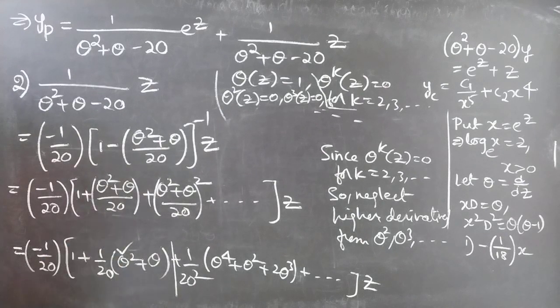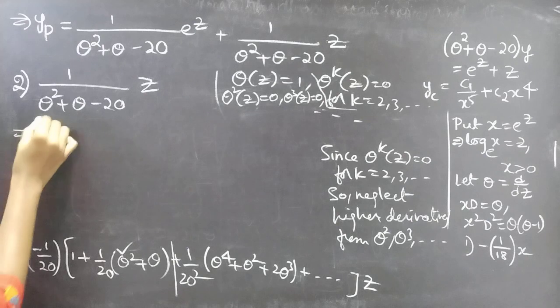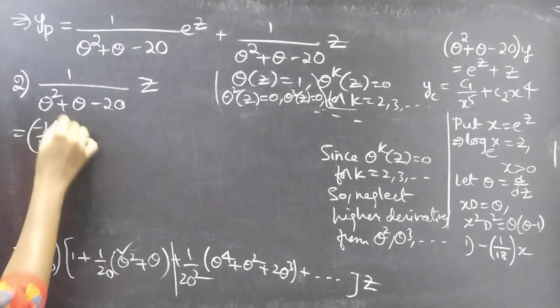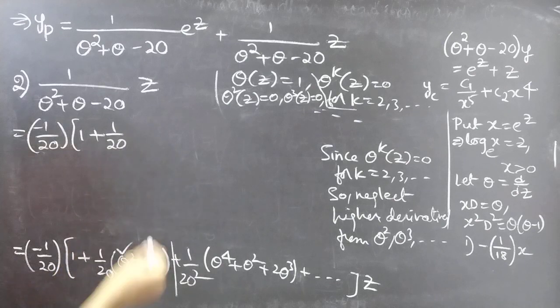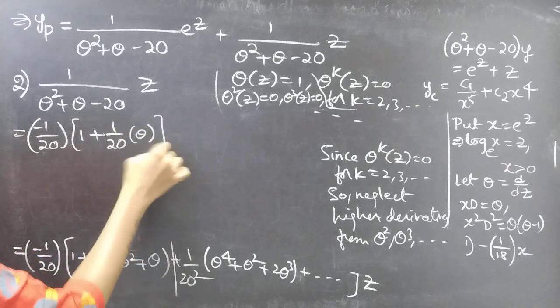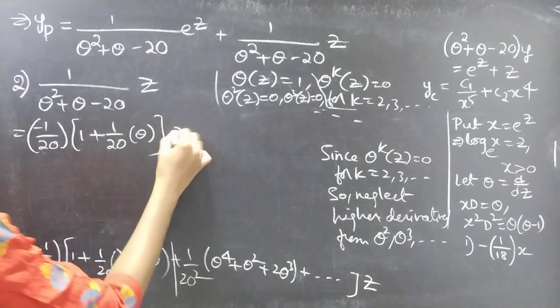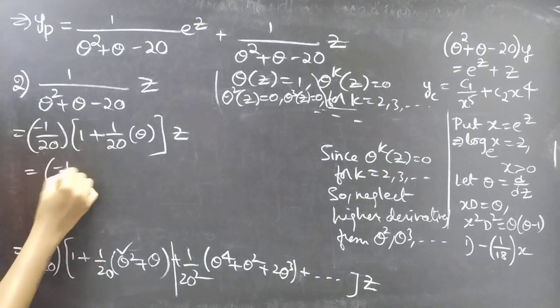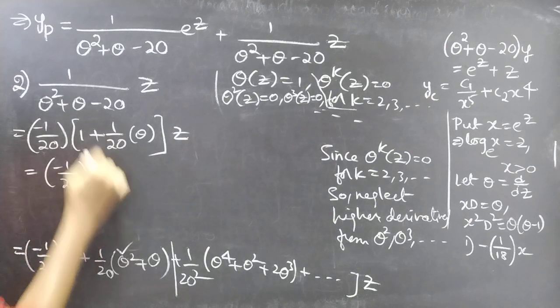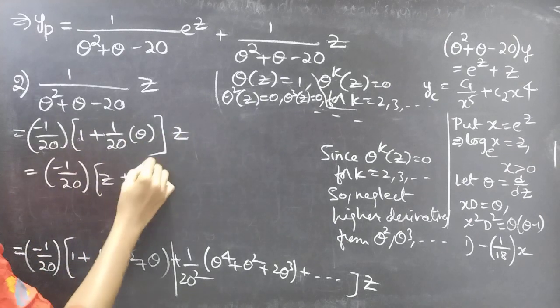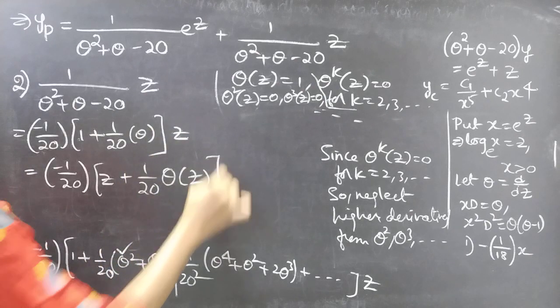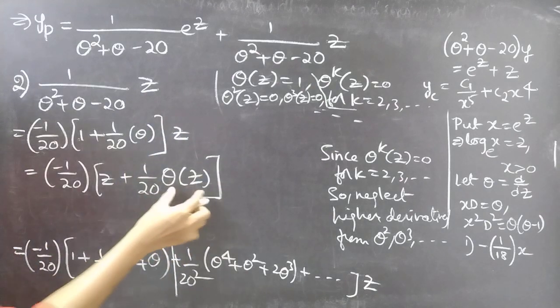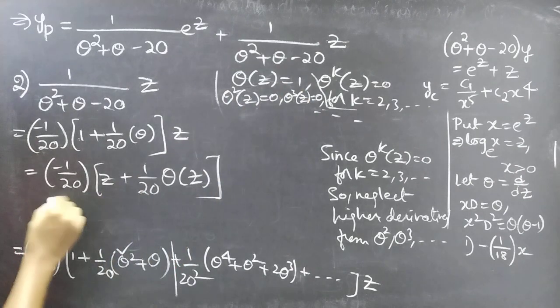Then this term becomes minus 1/20 into (1 + 1/20 θ) into z, right? This is equal to minus 1/20 into (1·z + 1/20 θ of z).